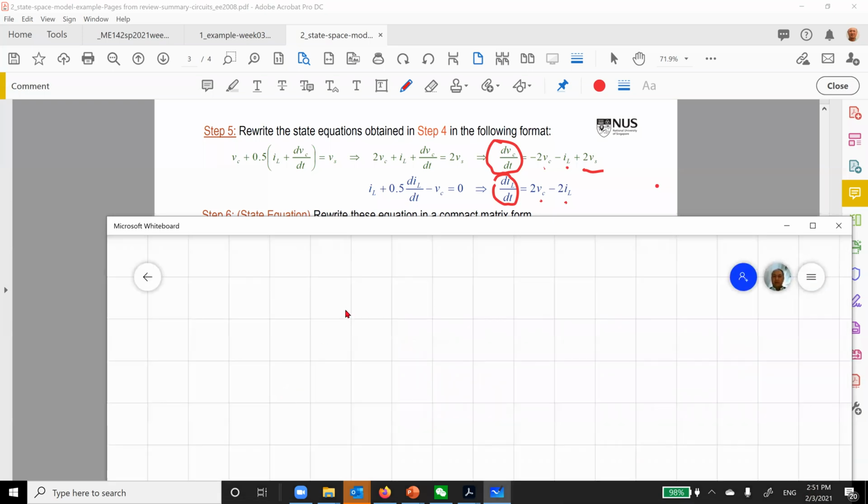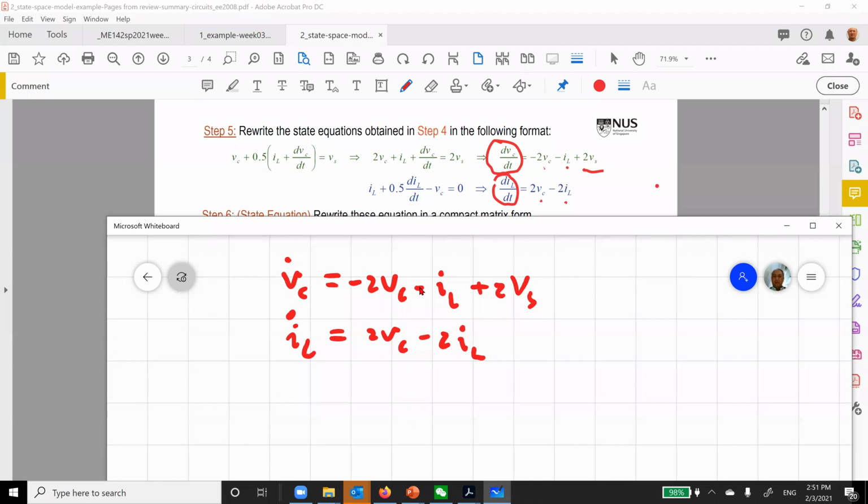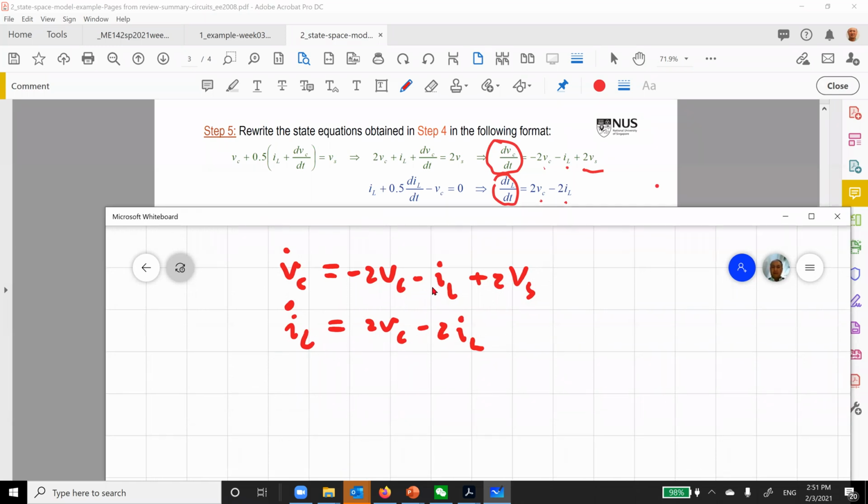So here VC dot is 2VC minus IL plus 2VS, then IL dot is 2VC minus 2IL. Do you see that? What I'm trying to show you is that I can eliminate IL. How do I eliminate IL?